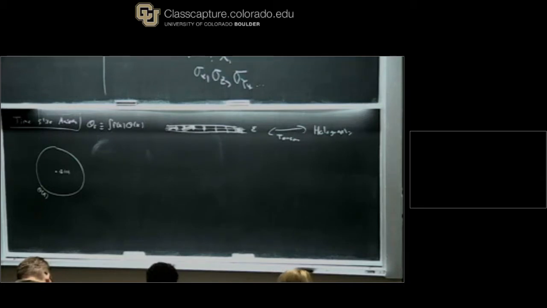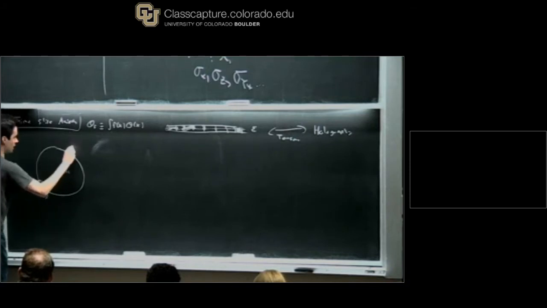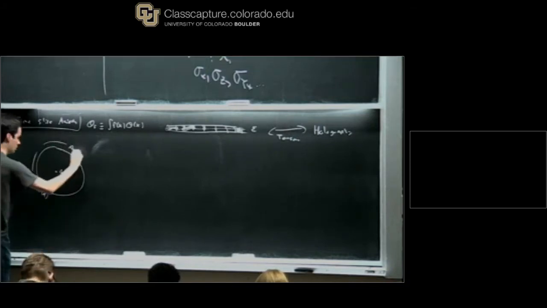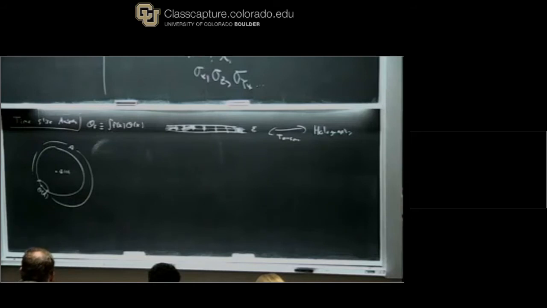Well, I can do something sneaky. I can say, okay, I'm going to find a boundary subregion A, which goes like this. So this bulk operator is clearly sitting inside this Rindler or causal wedge of A.